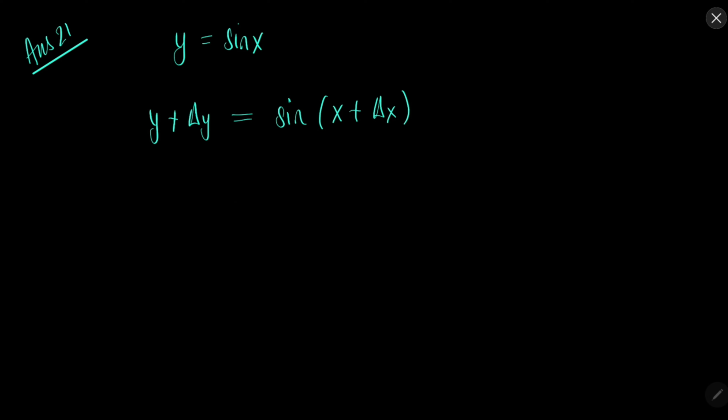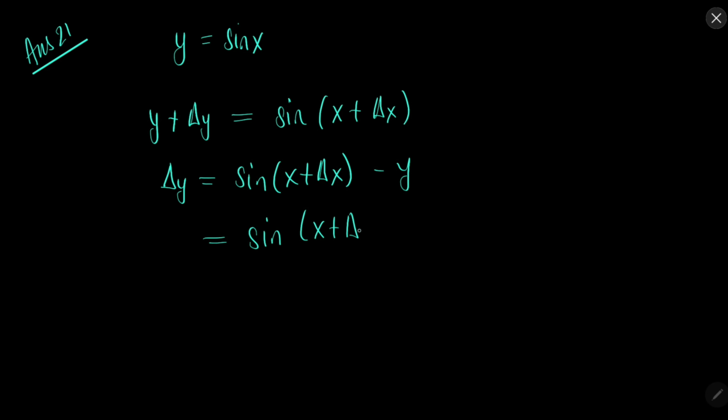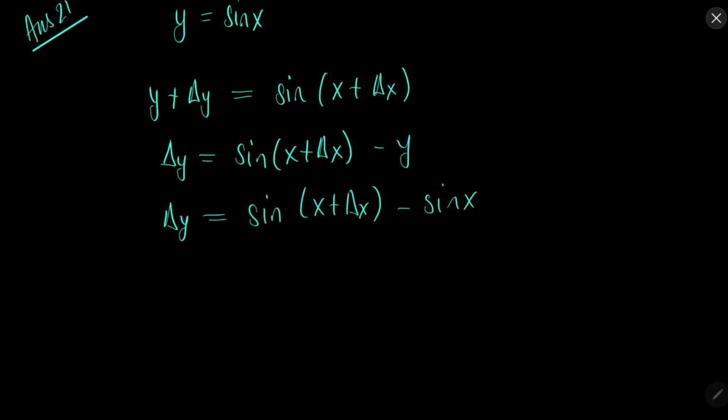So it can be put like this: del y equals sin of x plus del x, minus sin x. This will give you del y, the change in y. That is what we need to find.